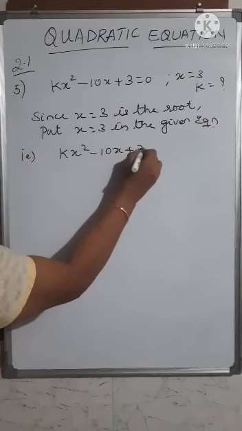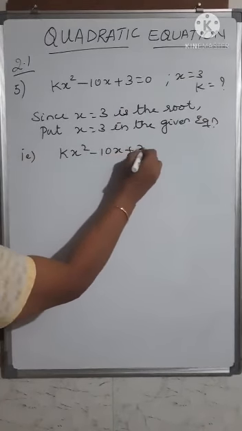Here substitute x as 3, 10 into 3, 3 square is 9, so you get 9k minus 30 plus 3 equal to 0.